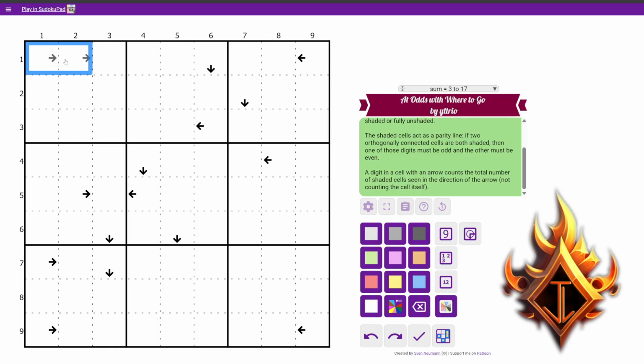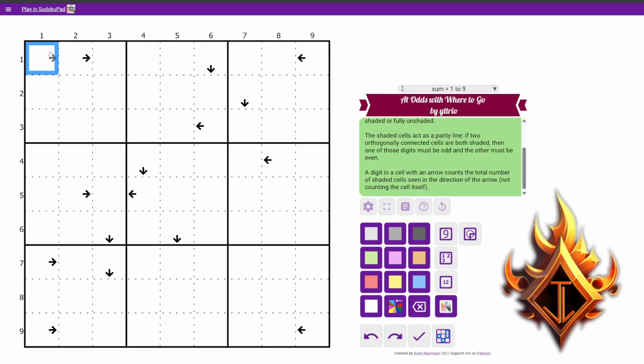Now, if I look at these two, if these are both unshaded, then they would be the same digit because they would just be counting there. If this one is shaded and this one is unshaded, then again, it would just be counting the ones in between there, and they would be the same digit.